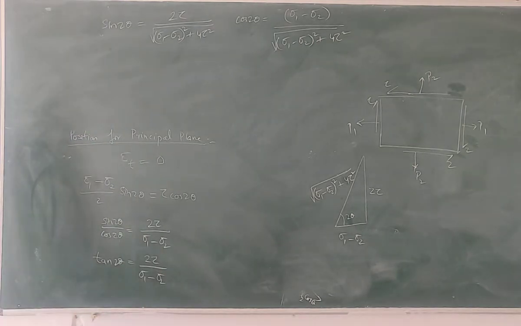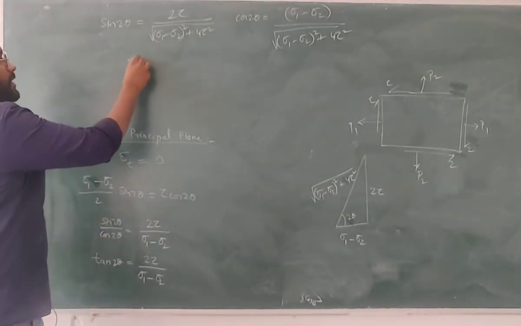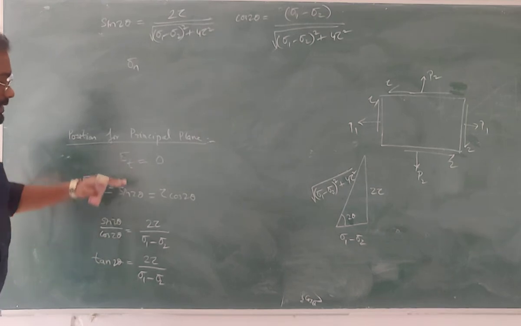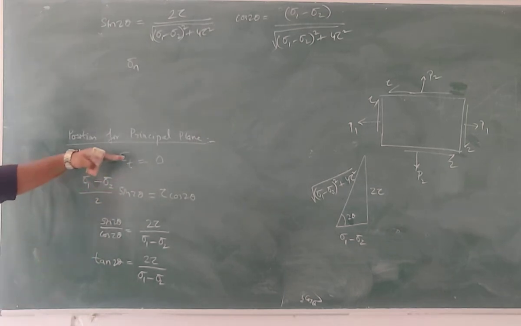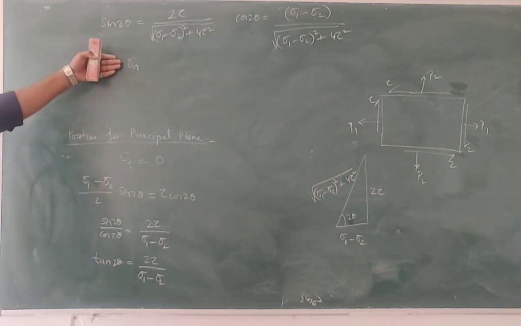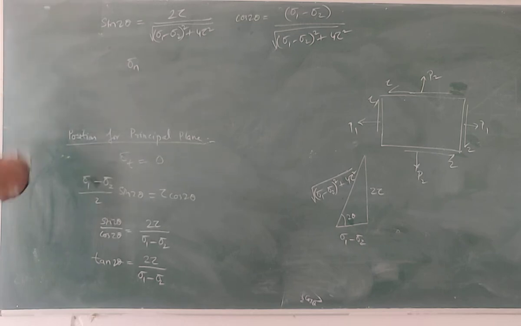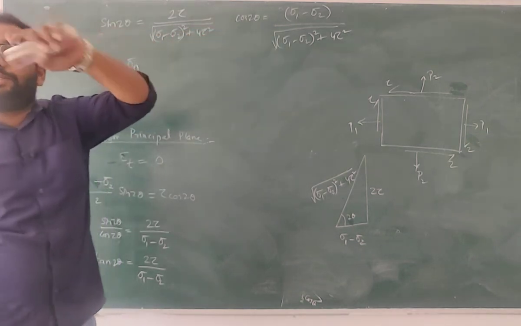If we substitute sine and cos in the equation for sigma n, because we are saying that on a principal plane shear stress is 0 or tangential stress is 0, but what about sigma n? It will be maximum. So to calculate that maximum normal stress, we substitute the values of sin 2 theta and cos 2 theta in the equation of sigma n.